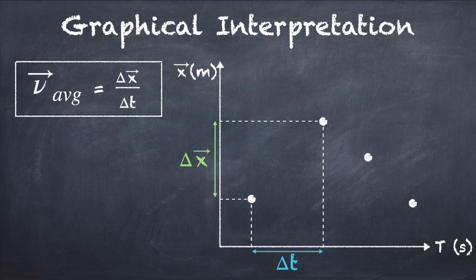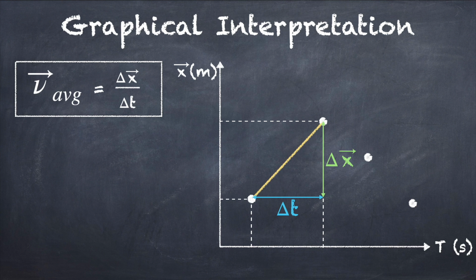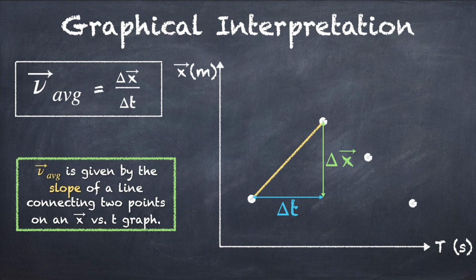And perhaps you can see if I divide these two, as the definition instructs, then we'll have just computed the slope of the line which intersects these 2 points. This is a very important relationship. The average velocity is given by the slope of a line connecting 2 points on a position versus time graph.